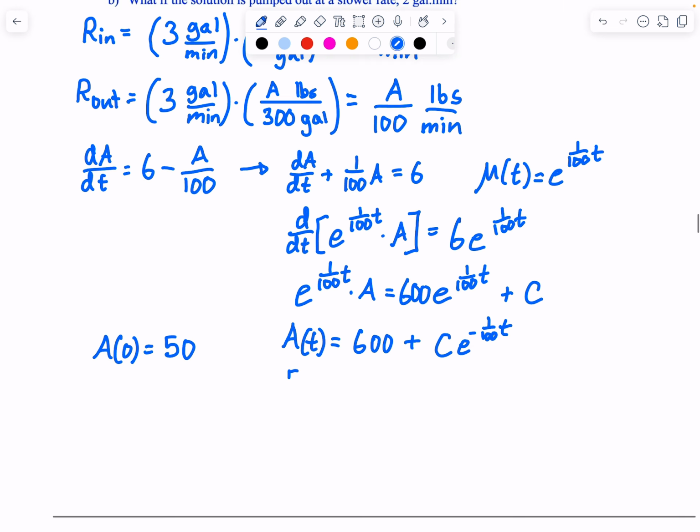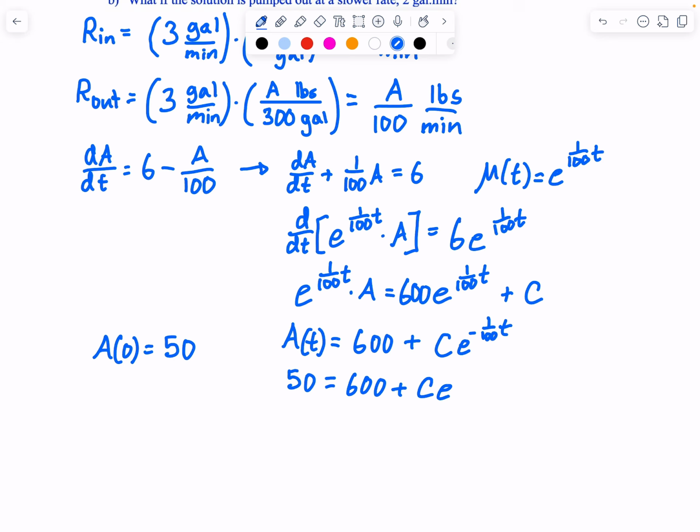So we can use this, plug in. Usually works out because that e to the 0 is clean. So we get C to equal negative 550. So A of t is 600 minus 550 e to the negative 1/100th t.